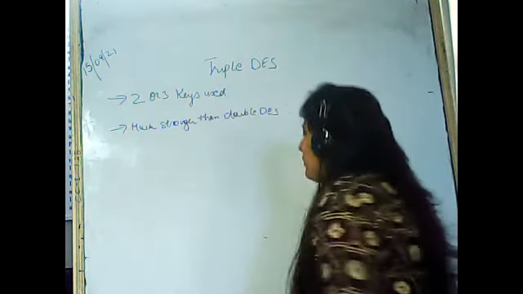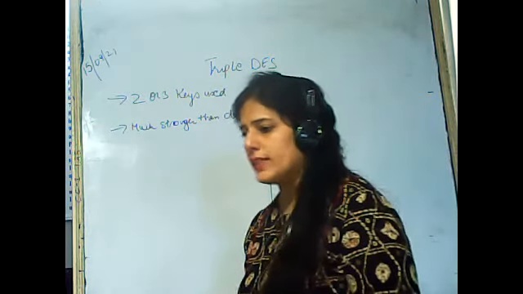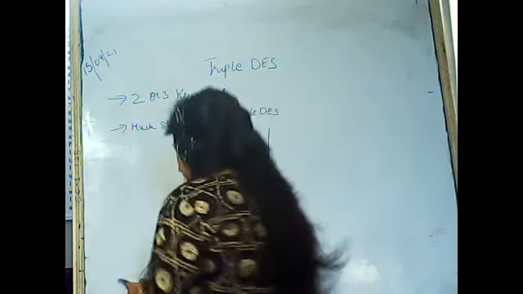Okay. Now here we will make both the diagrams, in which we are using encryption using 2 keys and encryption using 3 keys. Okay. So we can start like this.